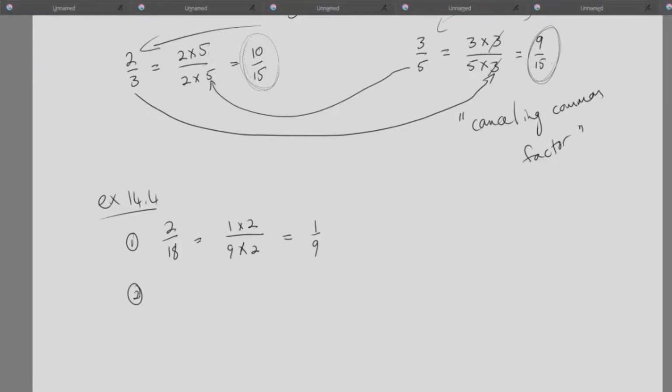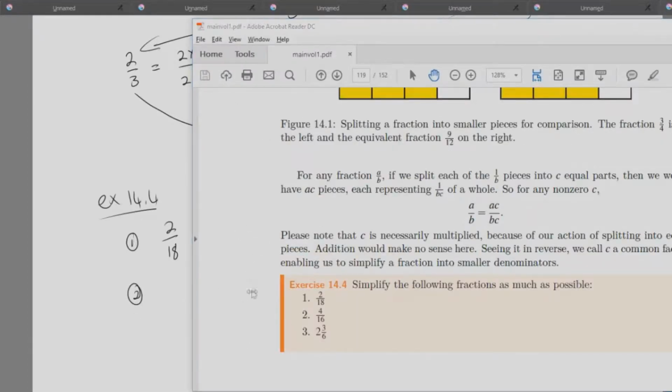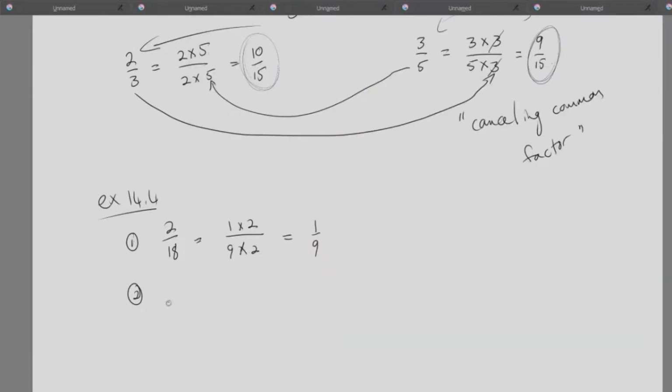Number 2, do I have more than that? No, this doesn't want to scroll at all. Can't scroll for some reason. 4 over 16. Well, that's 1 times 4 over 4 times 4. I can think of it like canceling a common factor, and I get the equivalent fraction 1 over 4.